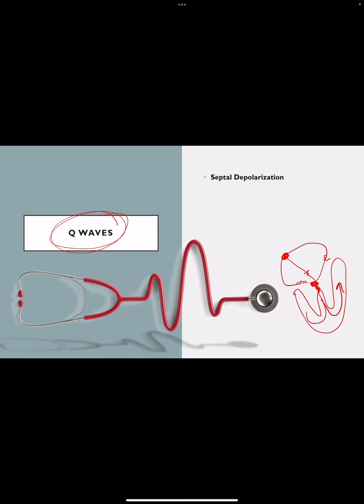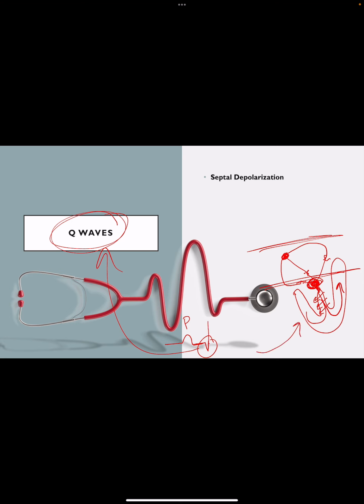So from here to here, it is demonstrated by the P wave, which demonstrates atrial depolarization, followed by a flat line, which is the PR segment, and this flat line demonstrates delay in the AV node. After that, there is a small negative deflection. This negative deflection is actually the Q wave, and it demonstrates septal depolarization.